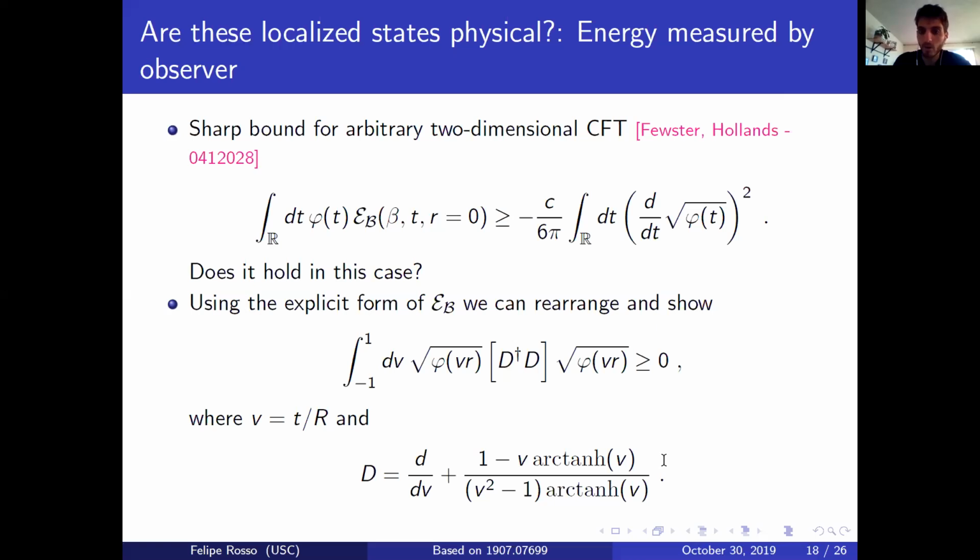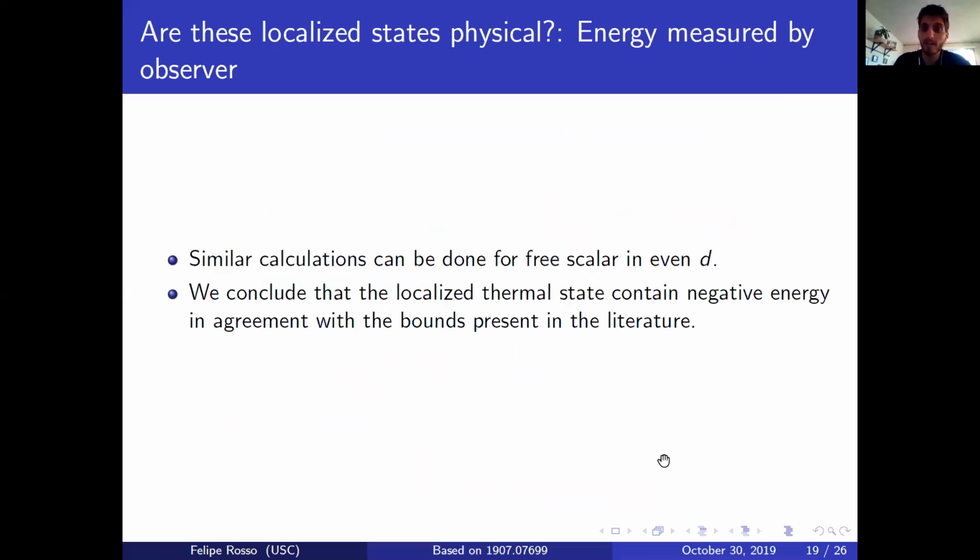Good. So what about higher dimensions? When you have a free scalar in even space-time dimension, there is an analogous inequality to the one I just showed you, and you can do a similar calculation. In that case, it is not as neat as the two-dimensional case, but it is straightforward.